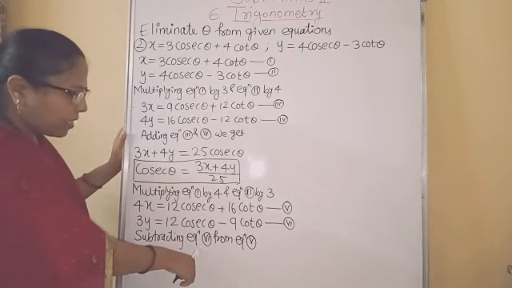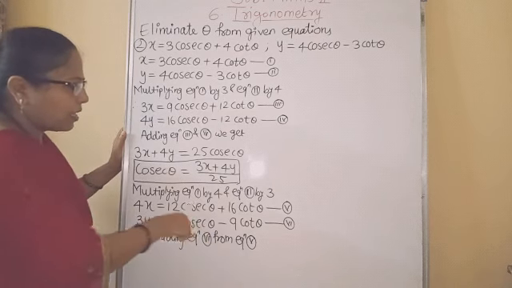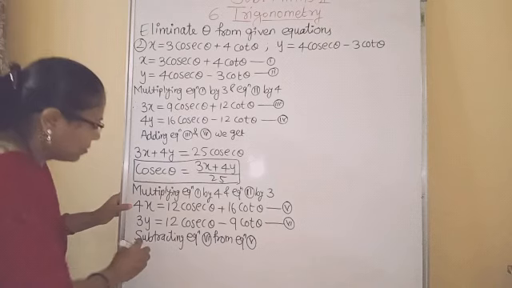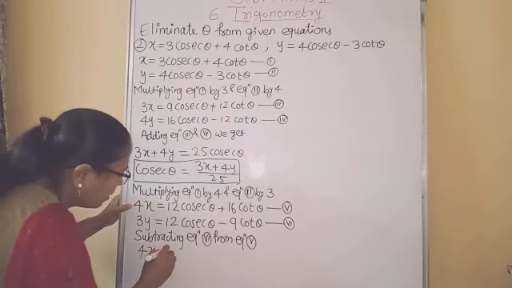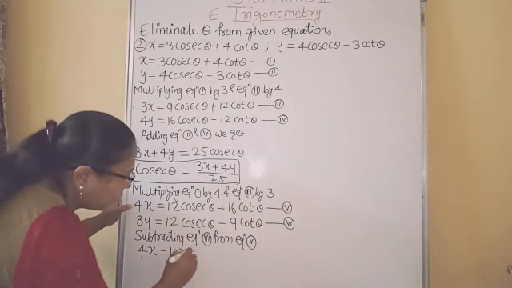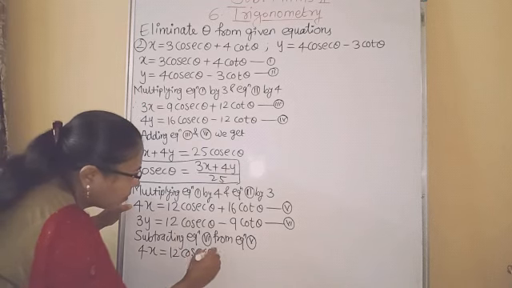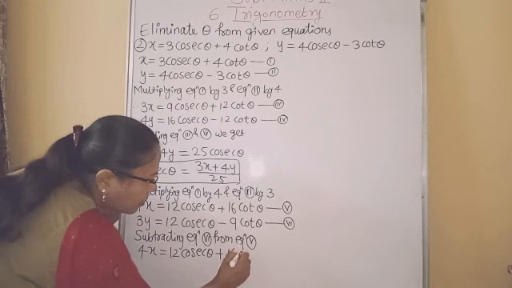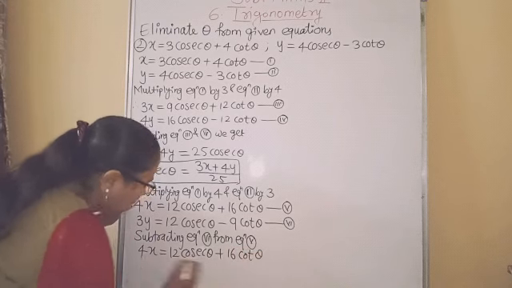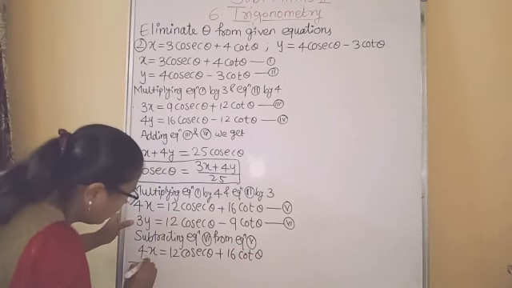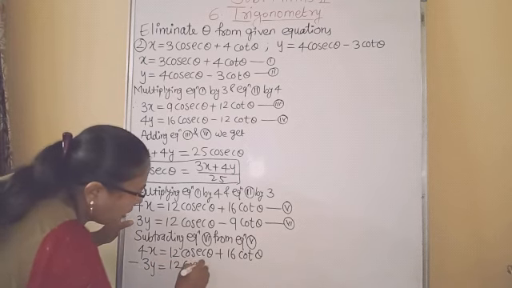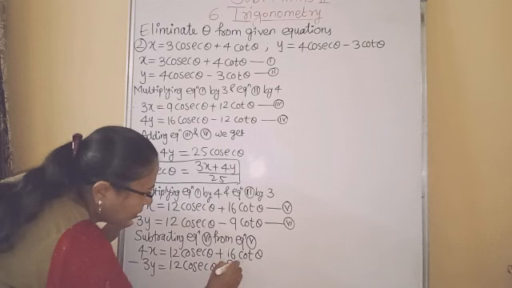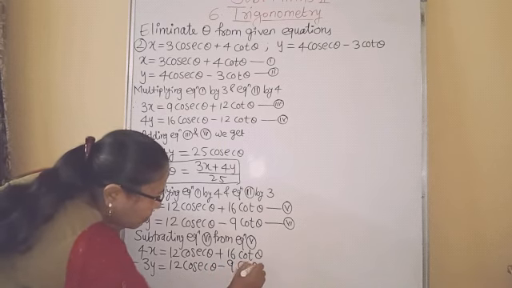So which equation will we write first? Equation 5. This 4x equals 12 cosec theta plus 16 cot theta, minus 3y equals 12 cosec theta minus 9 cot theta.